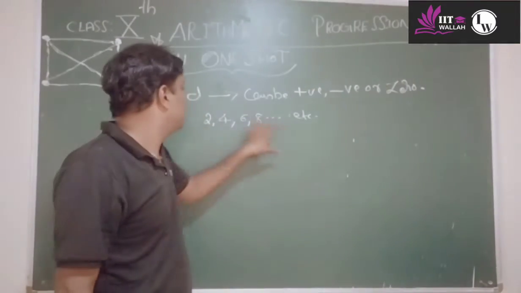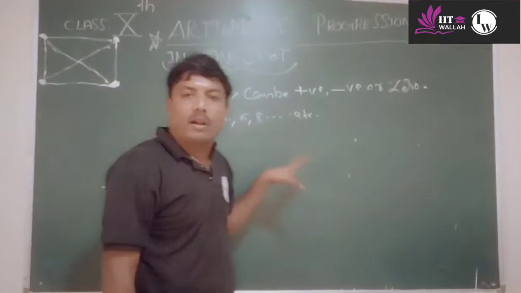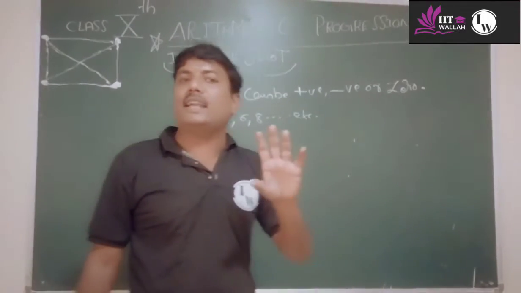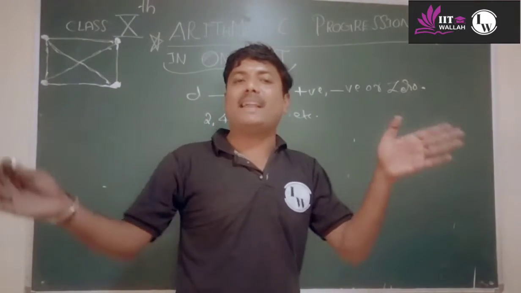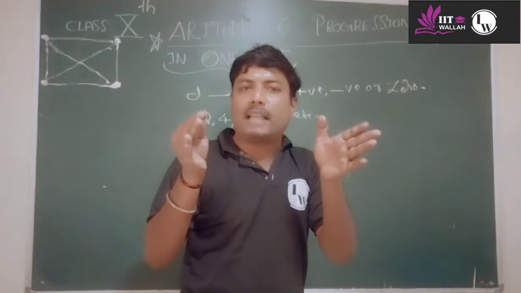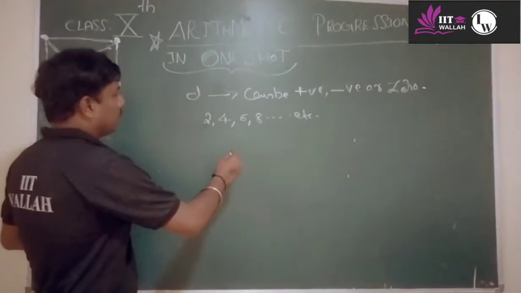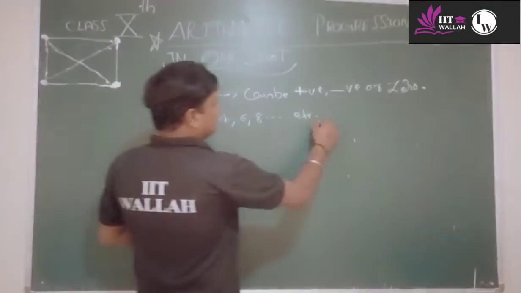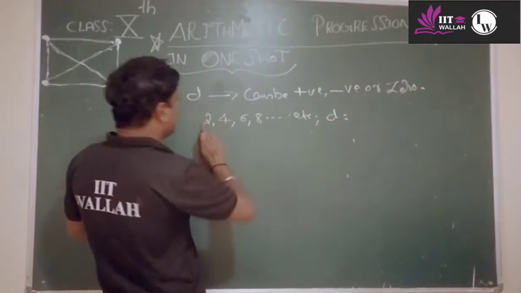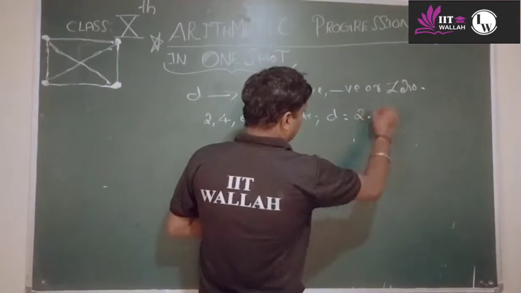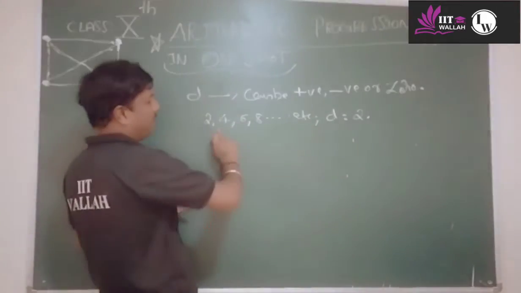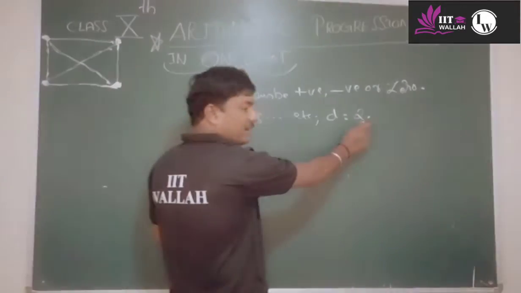So, if an AP is not ending, we are calling that infinite AP. If an AP is ending, we will call that finite AP. Okay? So here D is 4 minus 2, which is 2. Or you can subtract 6 minus 4, 8 minus 6, or we will get D.